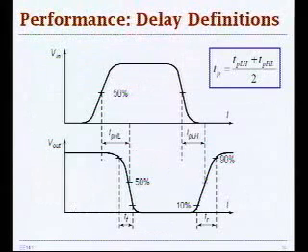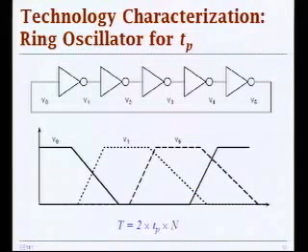This was the delay definition that was an attribute of a certain gate, but it's also interesting to see how different gates compare across technologies. And for that reason, we introduced this ring oscillator metric for delay calculation, where we are able to evaluate the relative capability of a technology to deliver a certain amount of performance.